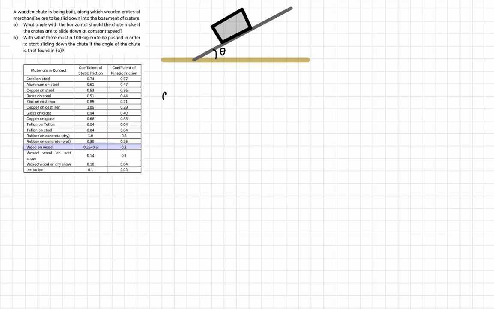So for letter A, let's draw that again. This is our angle theta. Then what are the forces involved? It is sliding down at constant speed. It's already moving. There is the weight directed downward.